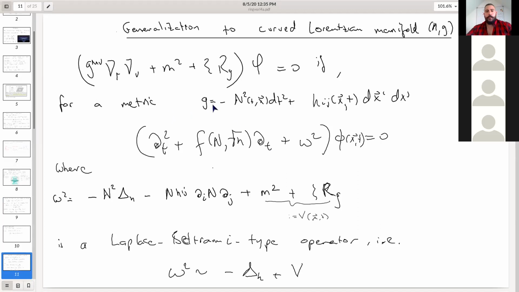Right. Now for a metric of minus N squared plus h_ij dx^i dx^j, you get this form of the Klein-Gordon equation, where omega squared is basically a Laplace-Beltrami operator plus some weird potential, right?